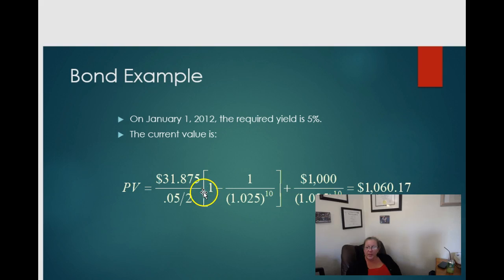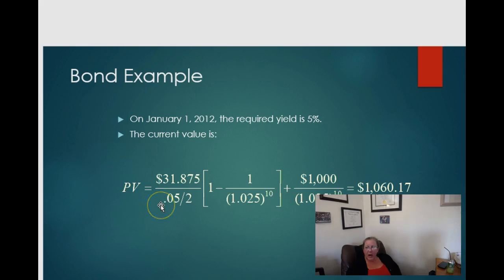And so you will be able to charge more for your bond because you're paying more in interest. Without even looking at this equation yet, notice the present value of that bond is $1,060.17. Now, you may be saying, I thought it was $1,000. It's a par value of 1,000. That's the par value, not the present value.